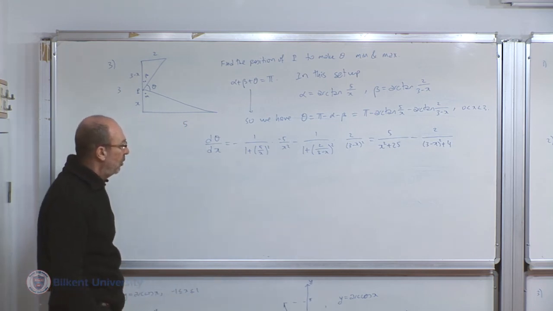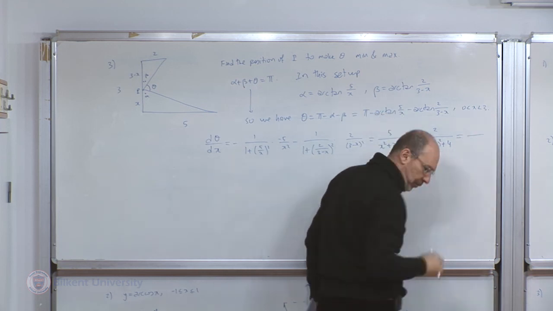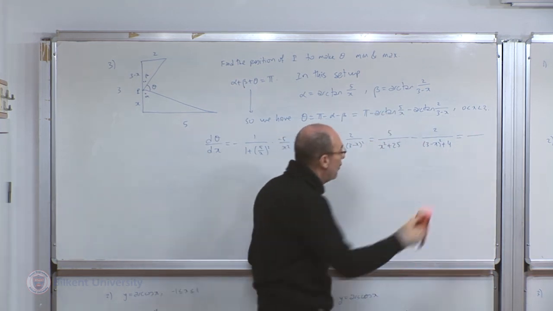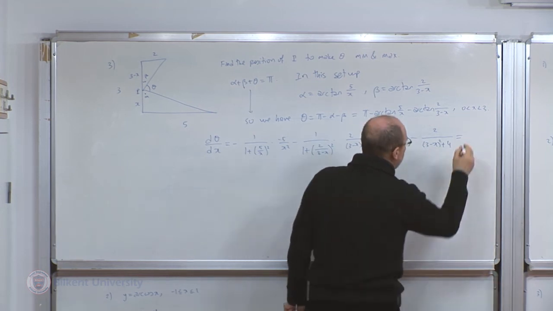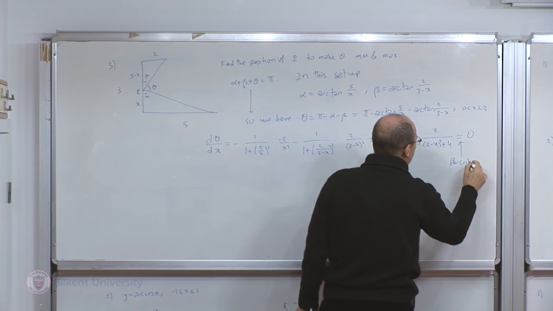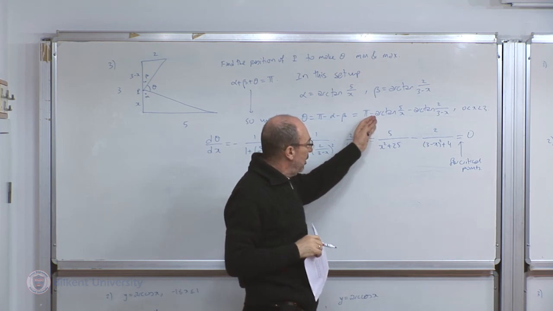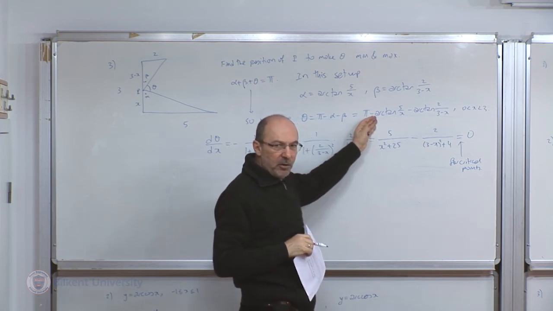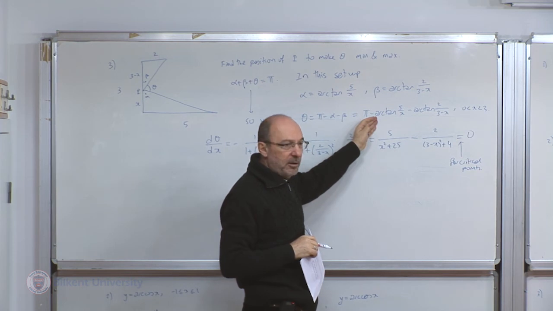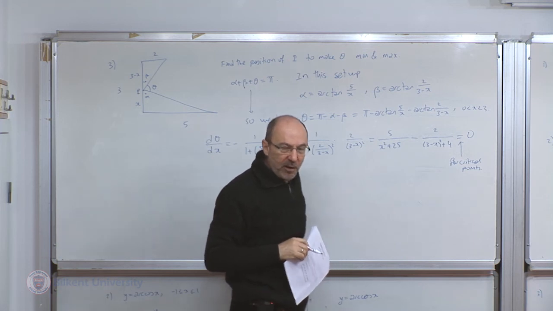Now I want to equate this to 0. Equal to 0 for critical points. The derivative is always defined. You see that there is no value of x which gives 1 over 0 here because I took squares. So the only critical points are the minima, maxima, or inflection points if they exist.